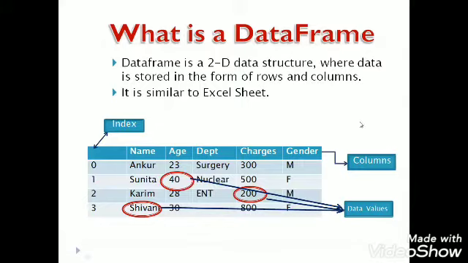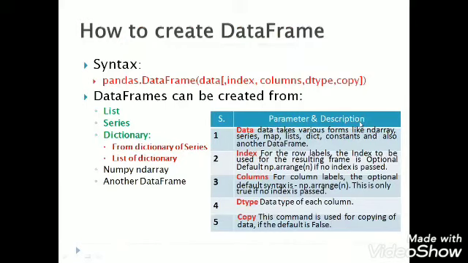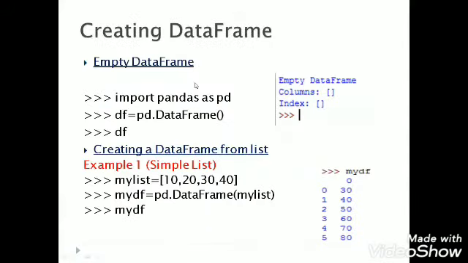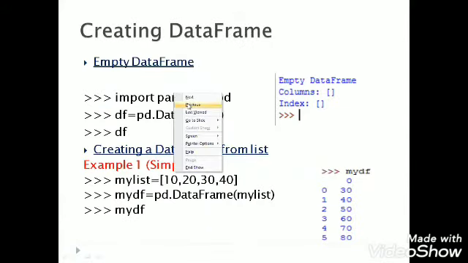So now how to create a data frame? We have seen the creation of series. For creation of series we use the Series function of pandas, and for data frame we use the DataFrame function of pandas.